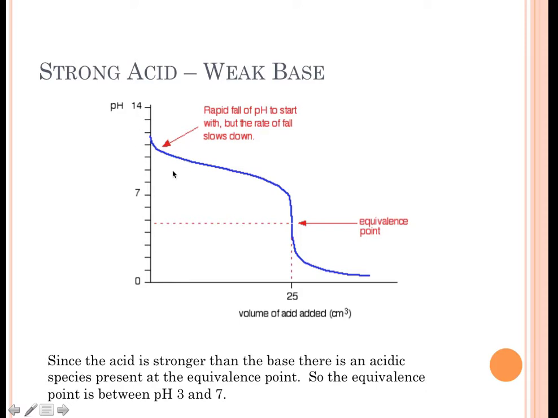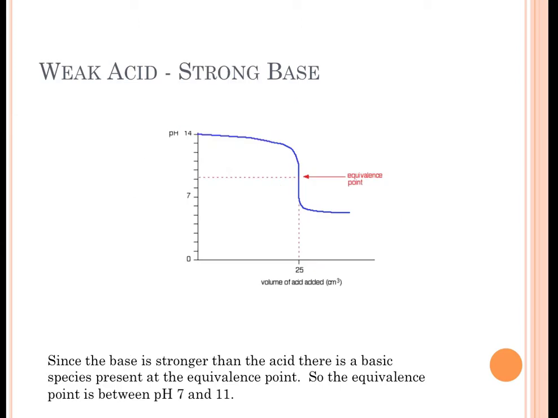Okay? In this case, the organic base is sitting in your conical flask, which we can tell because that's where also our pH detector is going to be. And we're titrating in an acid. Because the acid is stronger than the base, one of the products is also going to be a weak acid. So our equivalence point is going to be in the range 3 to 7. So we need to look at our indicators and choose something that changes in a similar range to that.